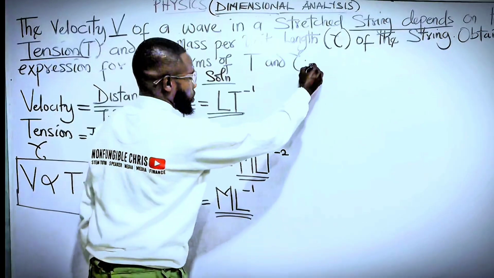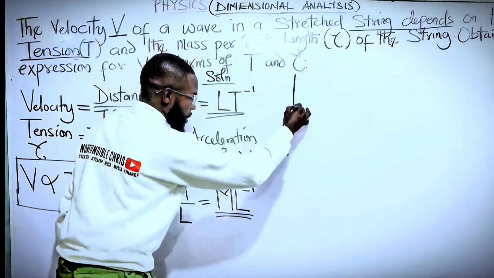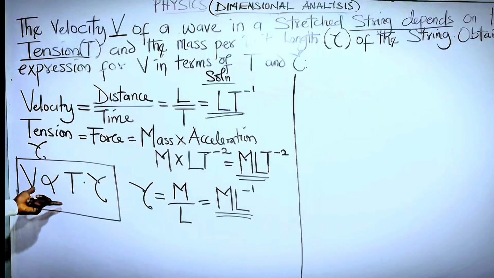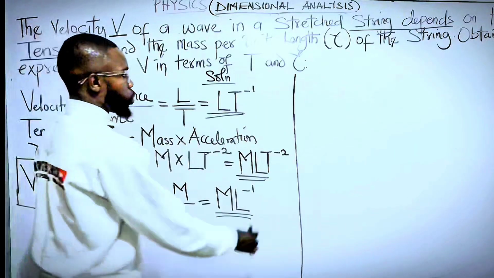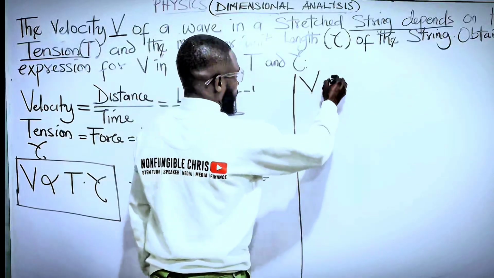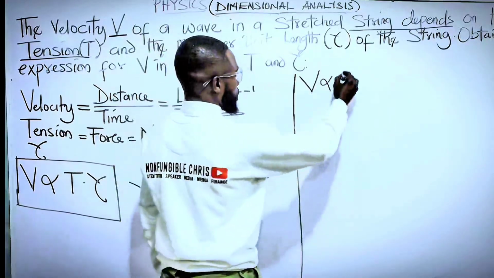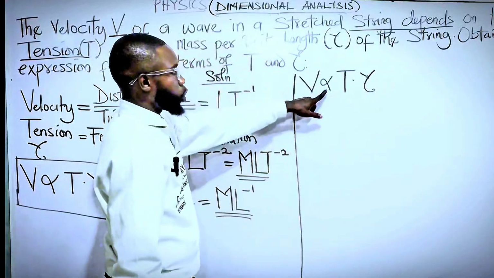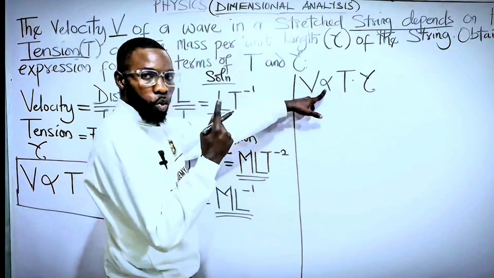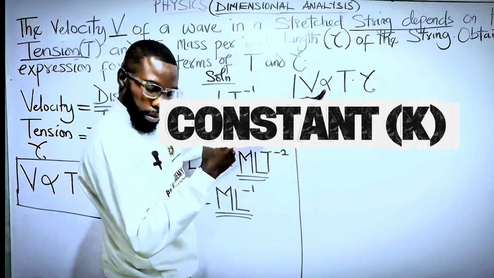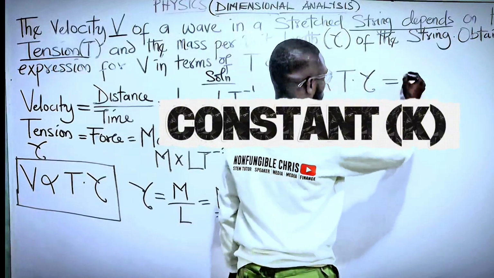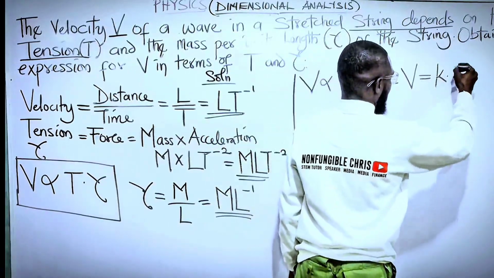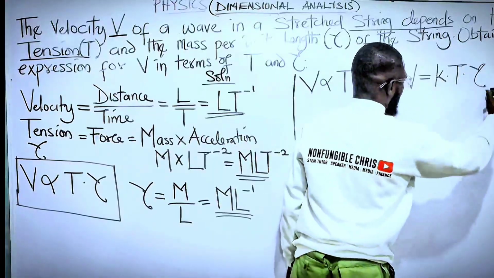So let me just draw a line through this place, please. I hope my line is a bit straight. Good. So if you look at the option we're given, we're told that the velocity is proportional to what? To T times the gamma. And I said for us to remove this proportionality sign, we introduce a constant, right? That gives us v is equal to k times T times gamma.